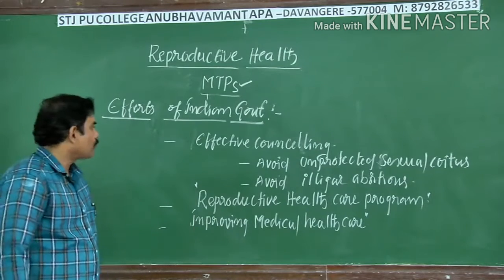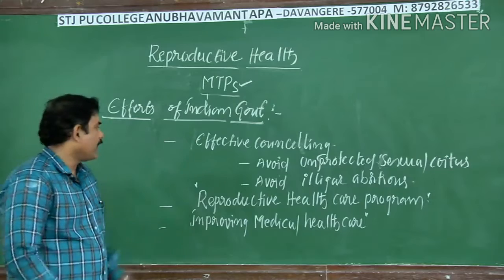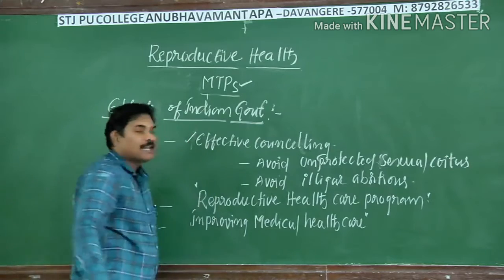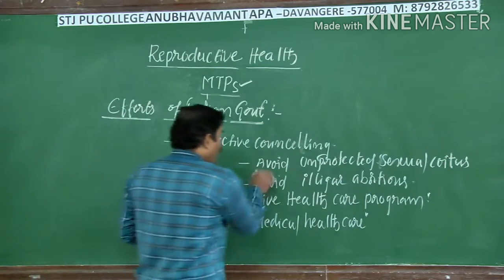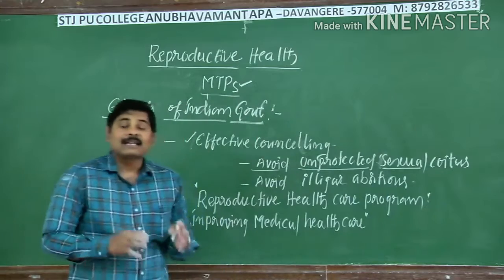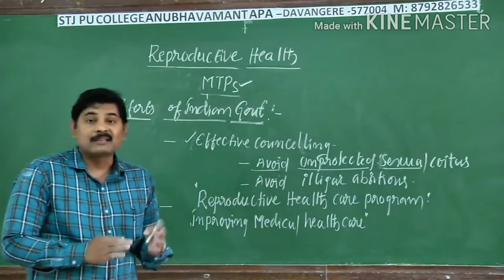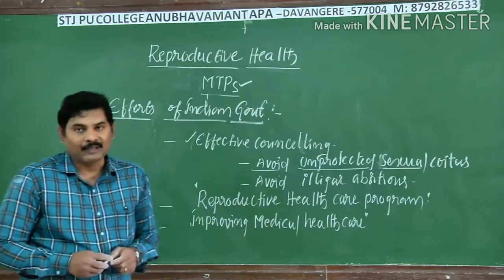The first and foremost thing is that effective counseling is required for people, so that they can avoid unprotected sexual intercourse, the chances of unwanted pregnancies will be reduced, and there is no need of going for these MTPs.